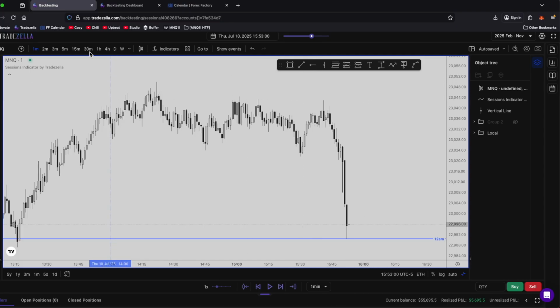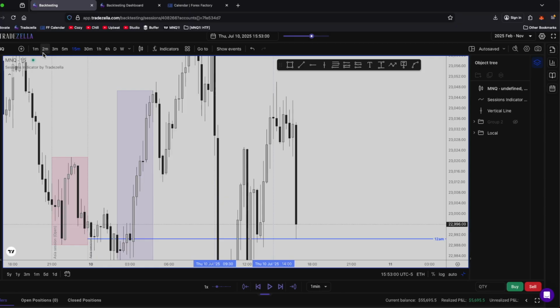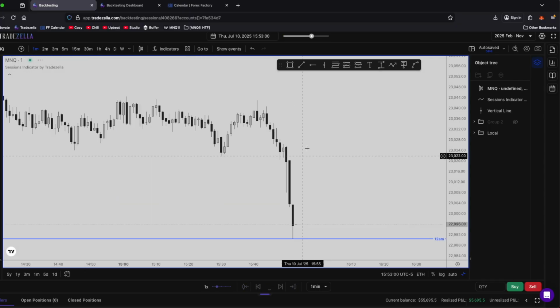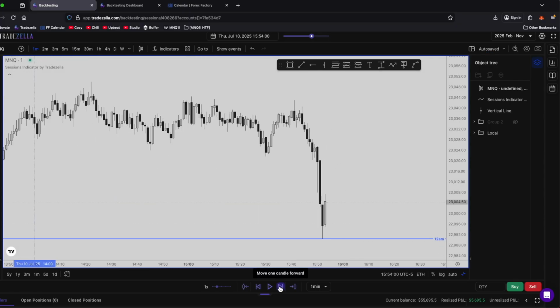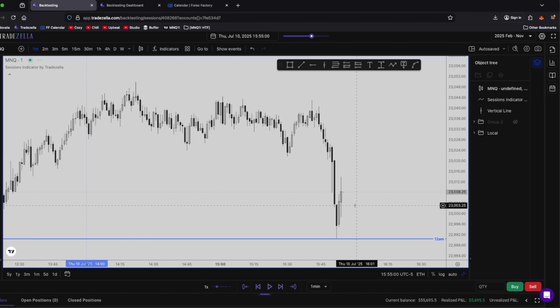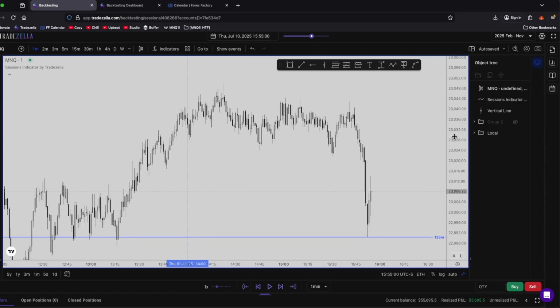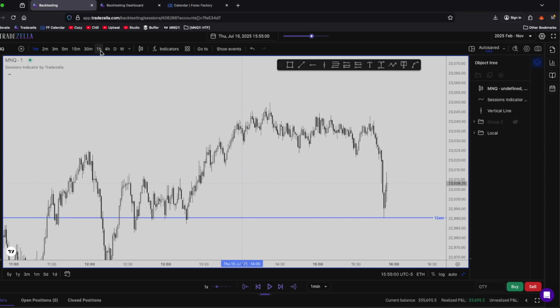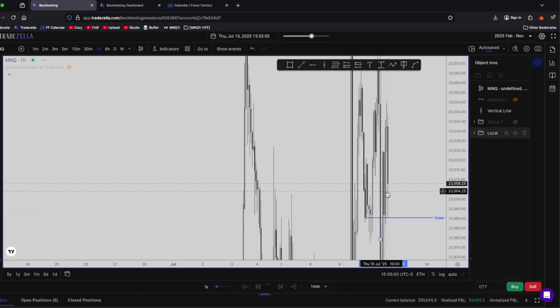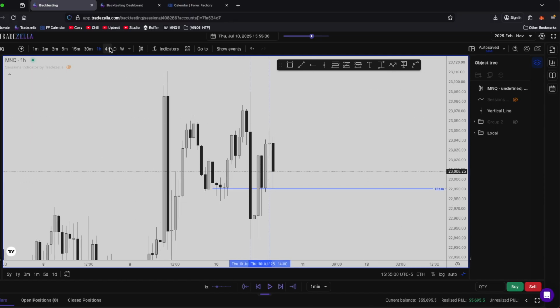Outside of macro, no higher time frame level for a short. 15 minutes just in a PD barcode pattern, so there's no short opportunity for me there. Now, I don't take trades this late in the day, but yeah, I don't see it.